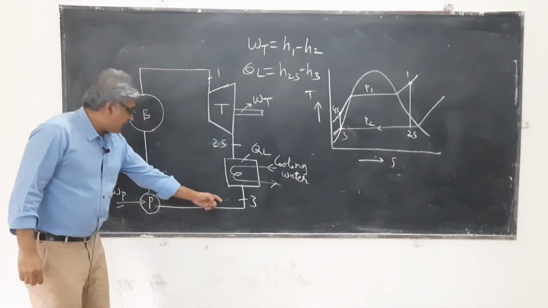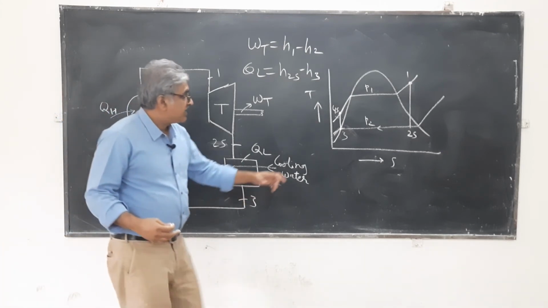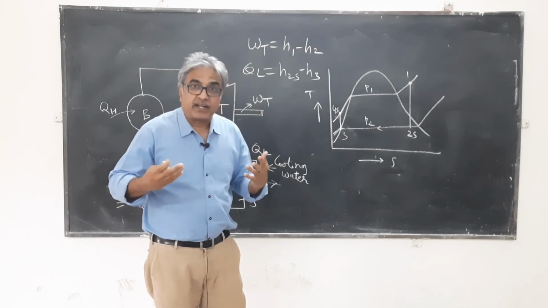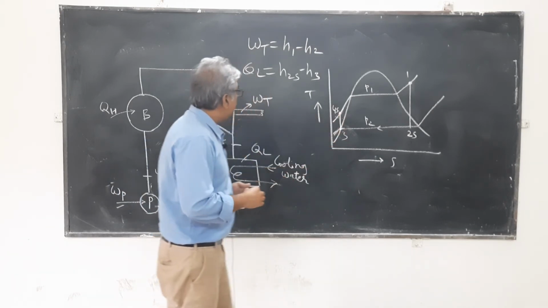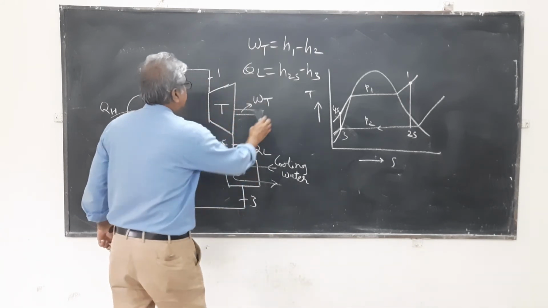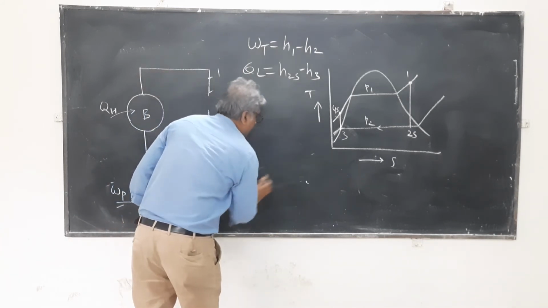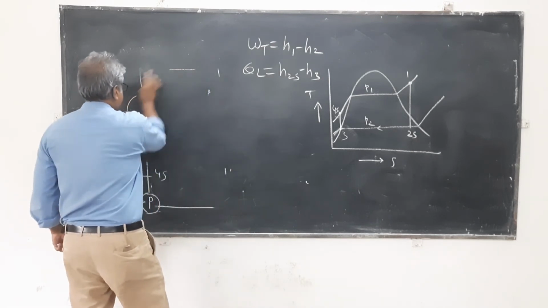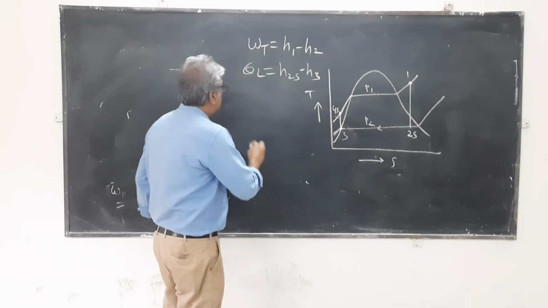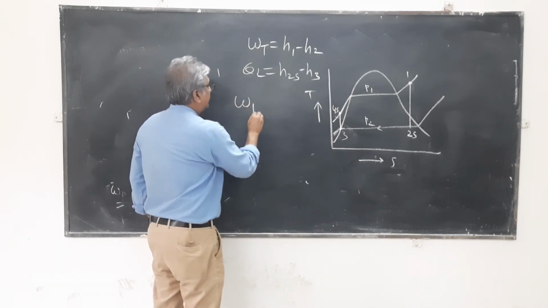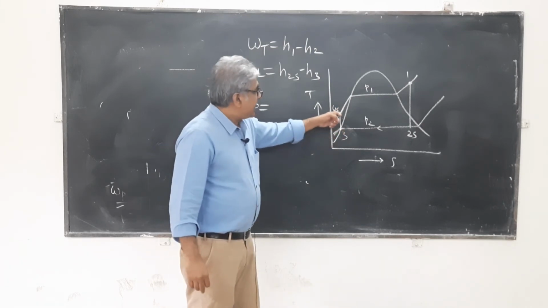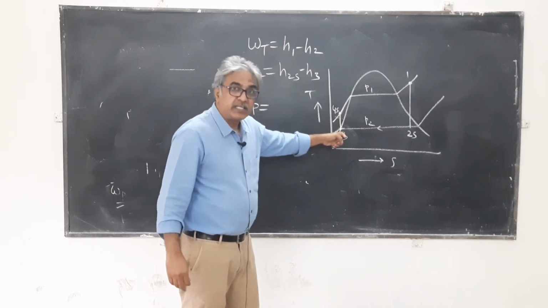Fine. 3 to 4S is the pump work. So this is pump work being done, WP, and by the same logic WP is H4S minus H3.